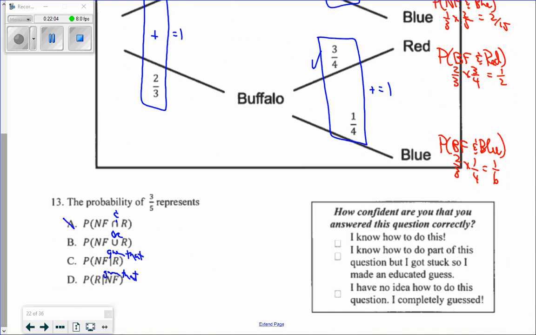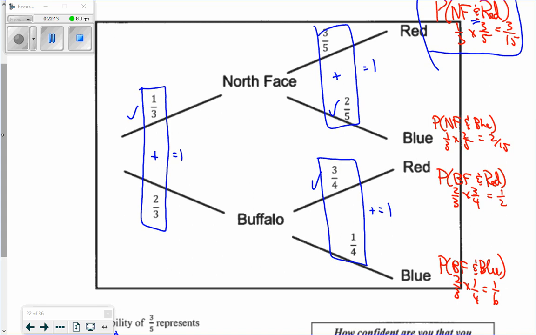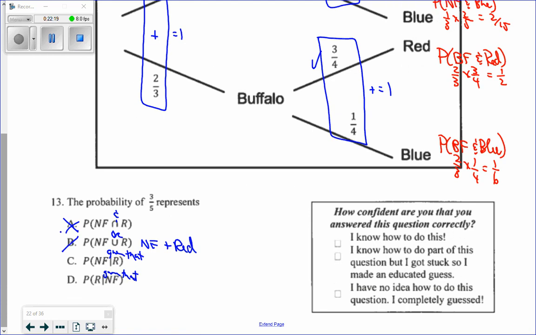North Face or red would mean taking North Face and adding it to red. Well, that's not going to be it either. So 1/3 plus 3/5, that's not 3/5. It's got to be this one or this one. So that number appears second in the tree, right?